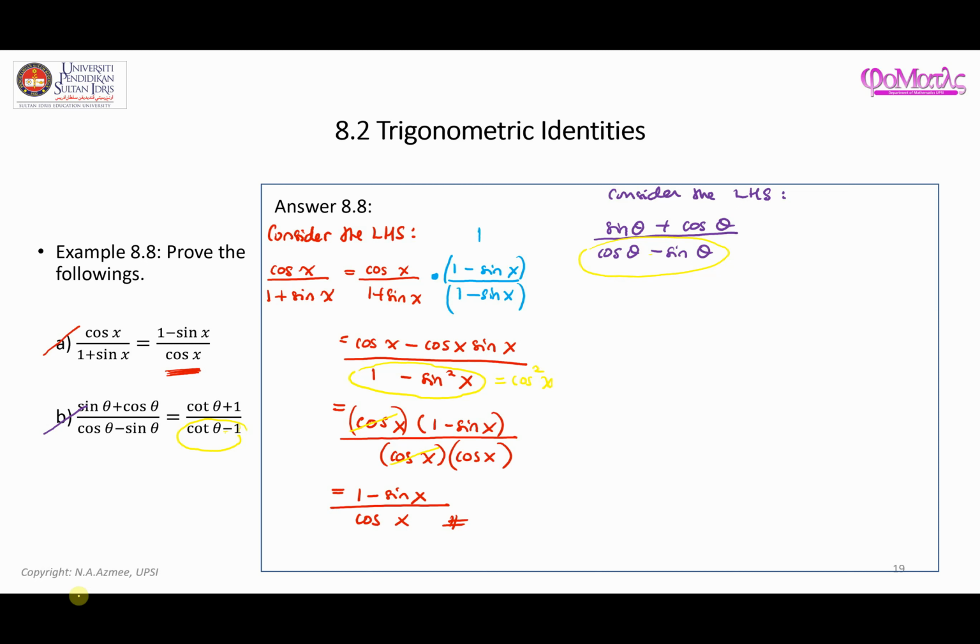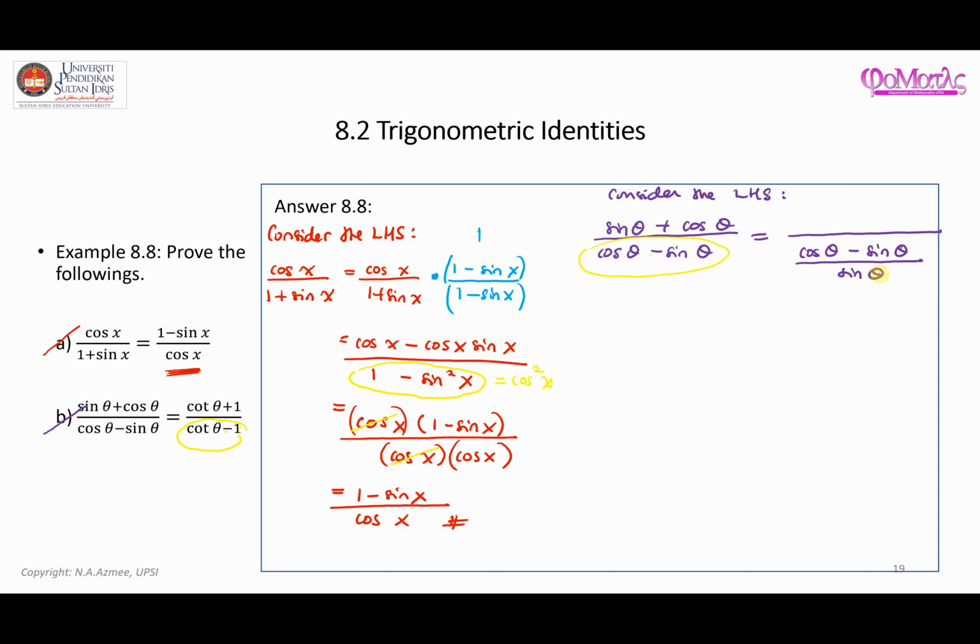Obviously what we can do is manipulate the whole thing so that I divide the whole denominator here with sine theta. Why am I doing that? Because I want to turn the term sine theta over here so that it becomes 1. So my first step is I'm going to divide the denominator with sine theta.